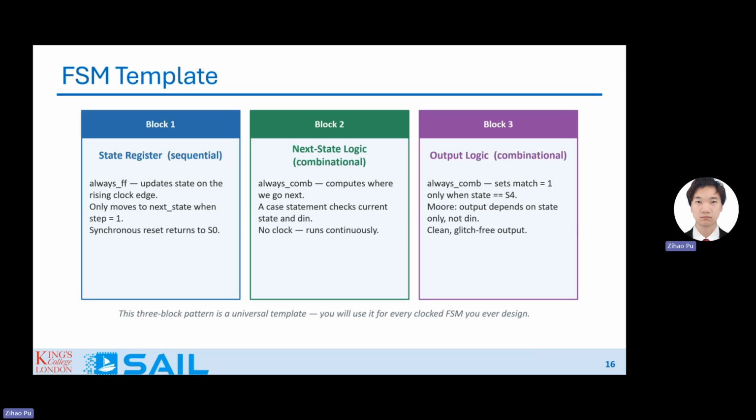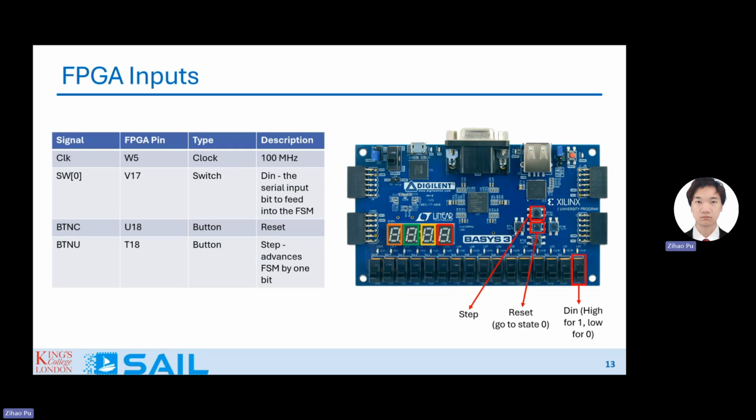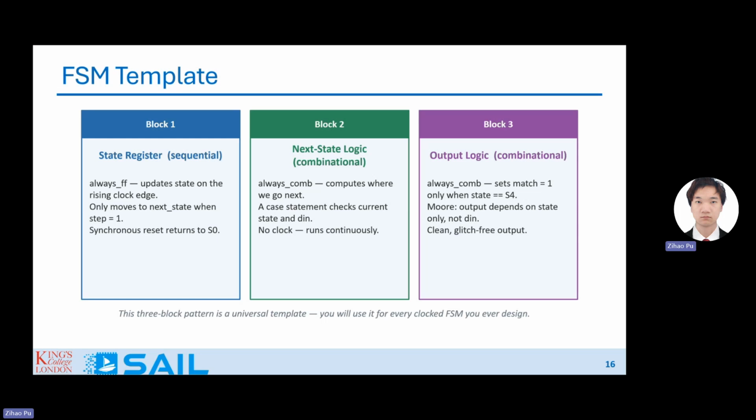So it updates the state on the rising clock edge and only moves to the next state when step equals 1. This step is controlled by the upper button of the plus-sign buttons. And then a synchronous reset returns to 0. So basically, the middle button on the FPGA returns to state 0.